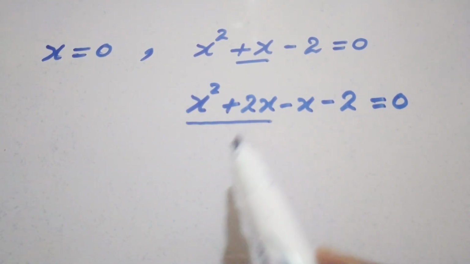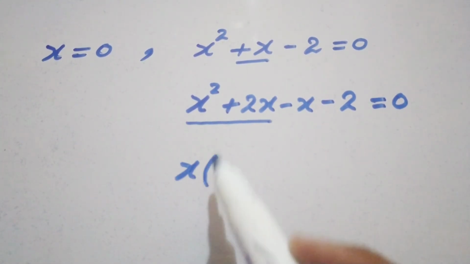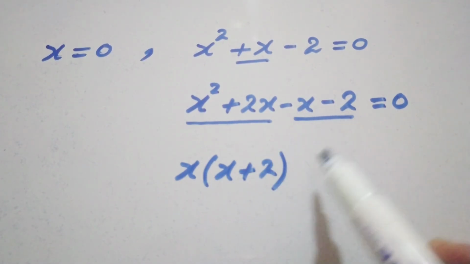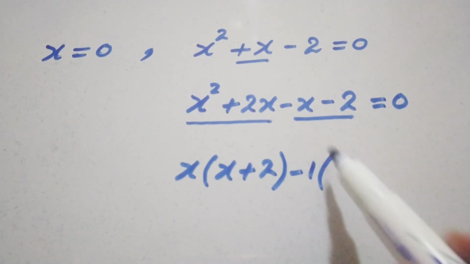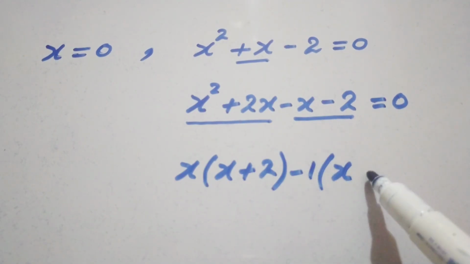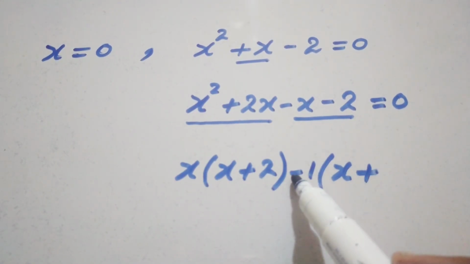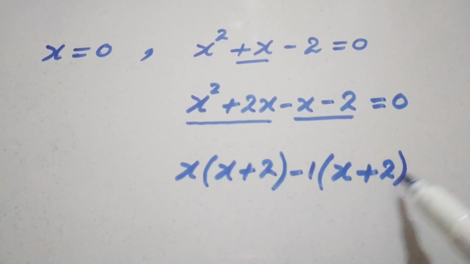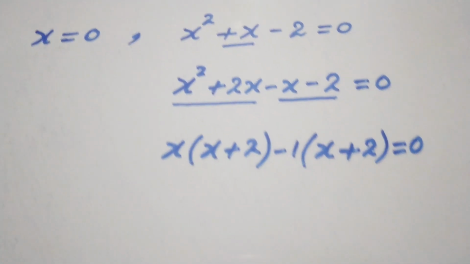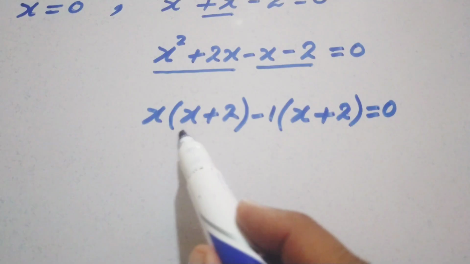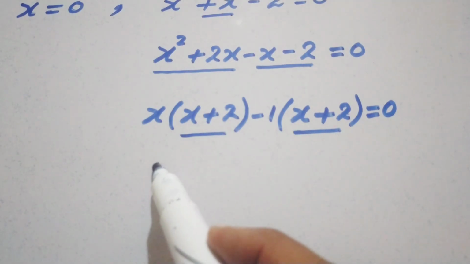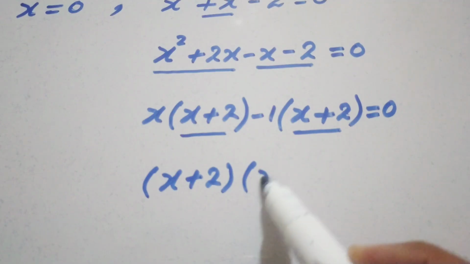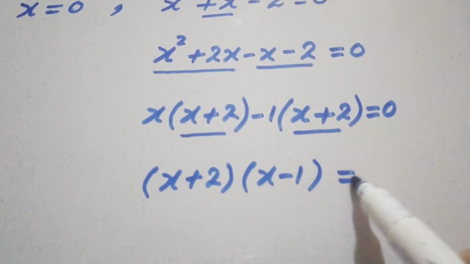From the first two terms we take x common and inside x plus 2, and from the last two terms negative 1 is common and inside x plus 2. So x plus 2 is a common factor, and the second factor will be x minus 1, and this is equal to 0.